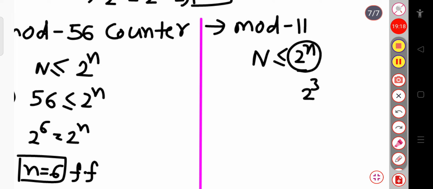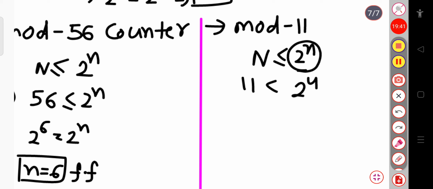But here in place of N, if I write 11, then 2 power 3 is less than 11. So our condition is not satisfied here. So I have to consider 2 power 4, so that here I can write 11 should be less than 2 power 4, that is 16. Okay.